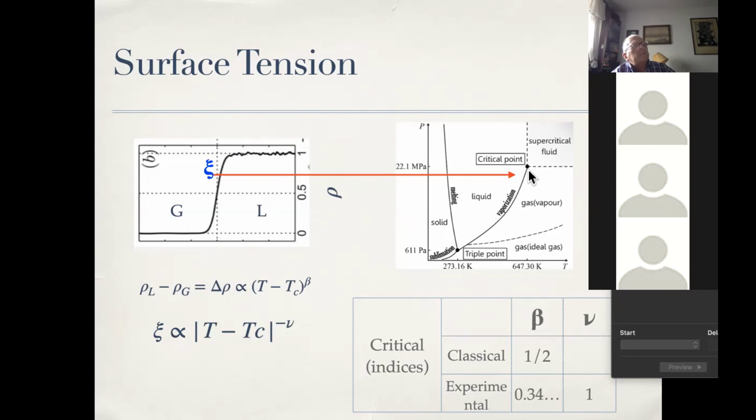It was a tremendous success of physics that the theory of the phase transitions was eventually brought to such a stage that the experimental values of the exponents could be calculated from theoretical models and become in agreement with the experimental values.